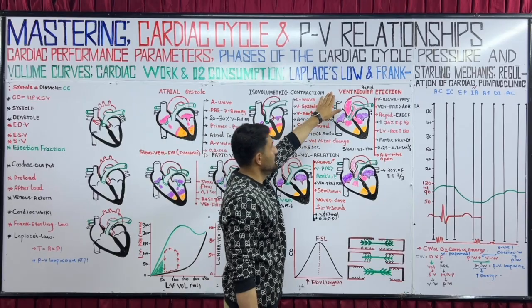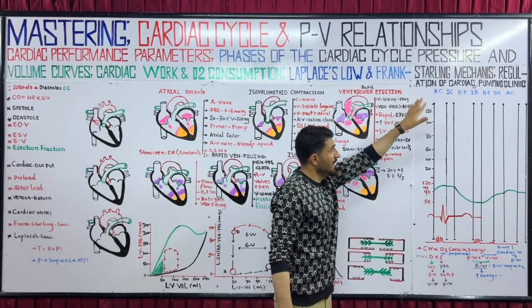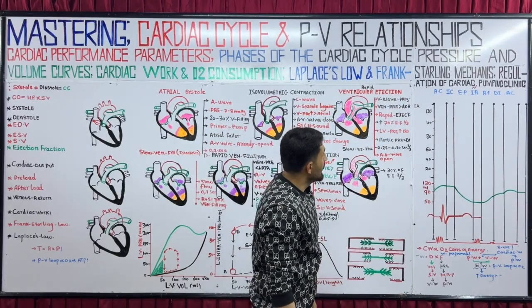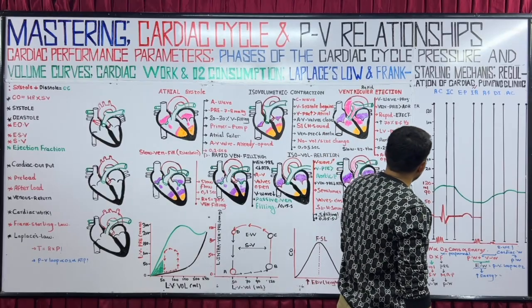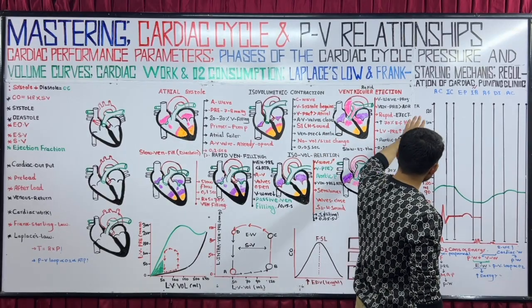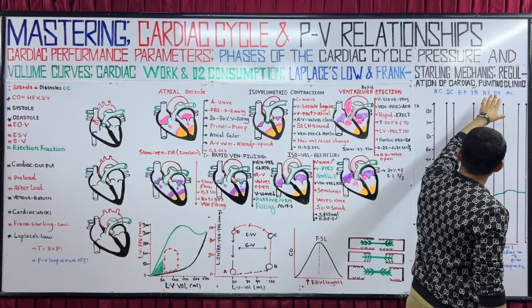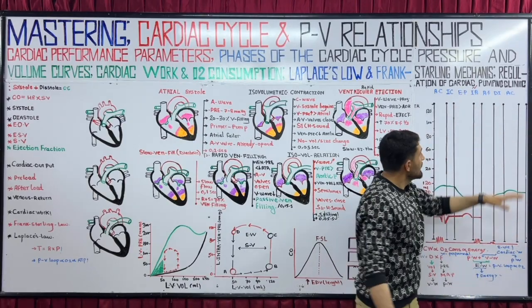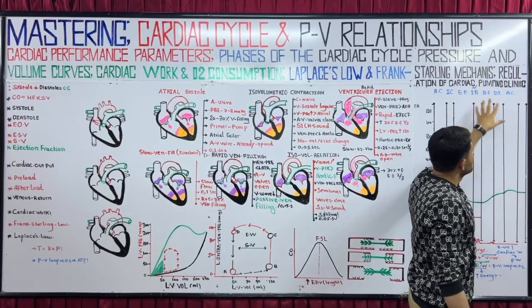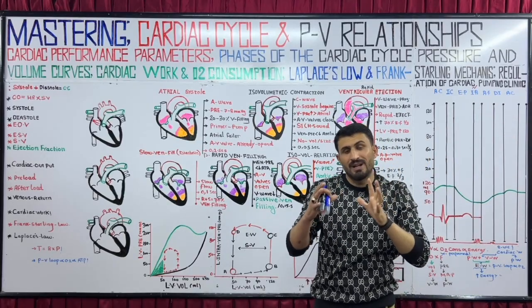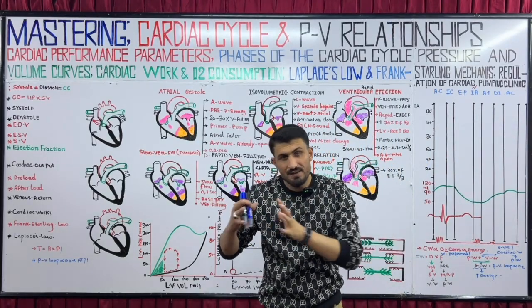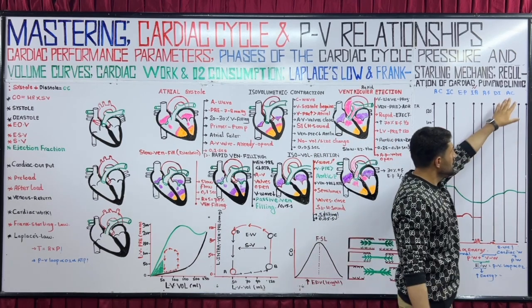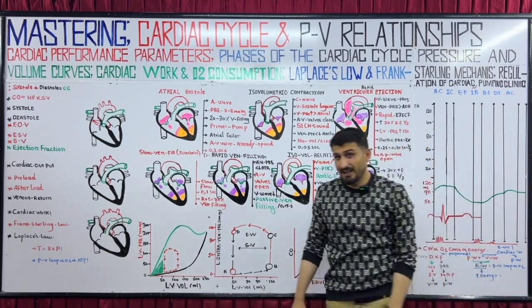Then we will talk about Laplace's law and Frank-Starling law. And also we will talk about the regulation of cardiac pumping, how the work related to cardiac pumping is regulated. And also we will talk about some clinical points.